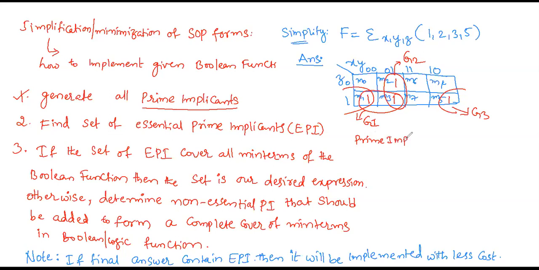Prime implicants: G1, G2, G3. Now, from these prime implicants, we need to define which are essential prime implicants, because essential prime implicants will reduce the cost of implementation.